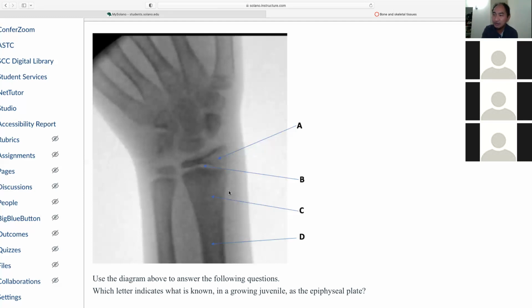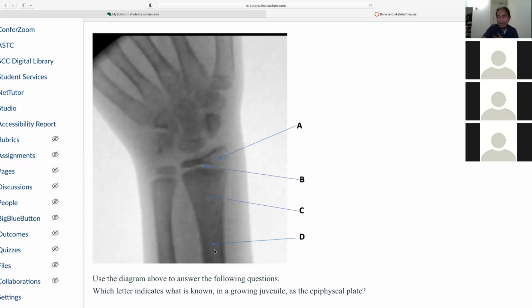So C is the region for metaphysis. And what is this called? The shaft. Shaft is called the diaphysis.